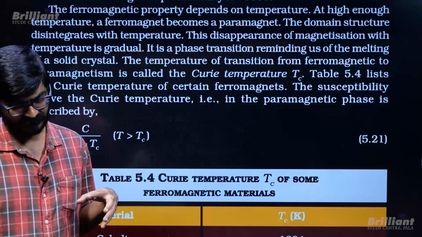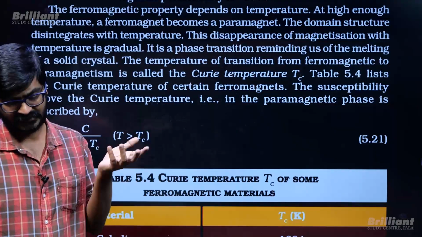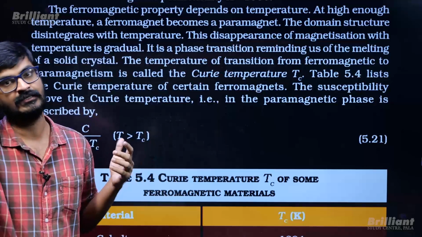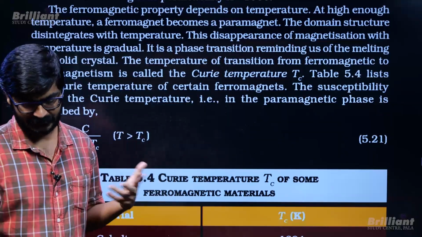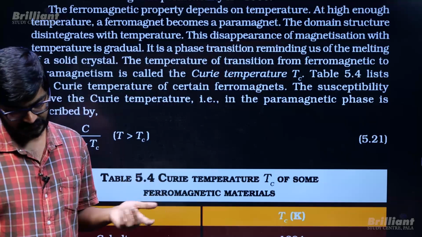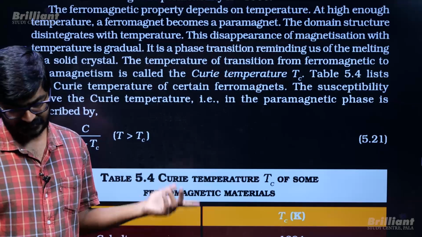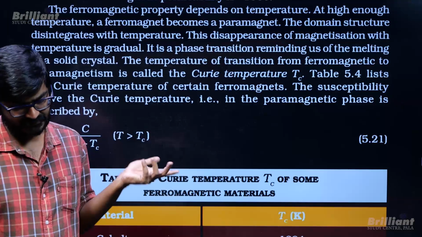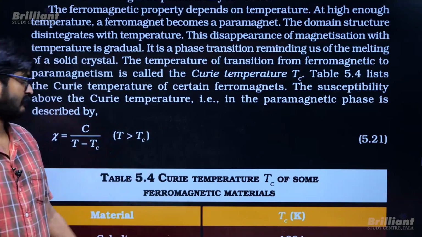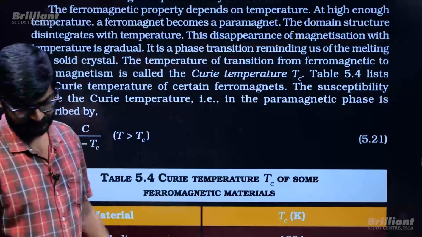Once it is above the Curie temperature, it is going to behave like a paramagnetic material, and Curie's law will come into the picture again. So the susceptibility above the Curie temperature, that is in the paramagnetic phase, is described by this relation, where T is greater than the Curie temperature.